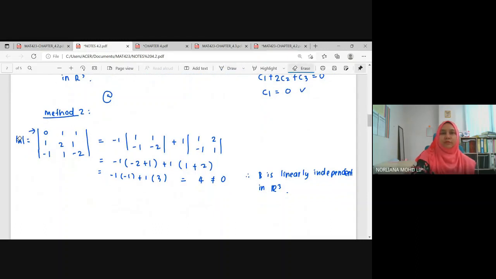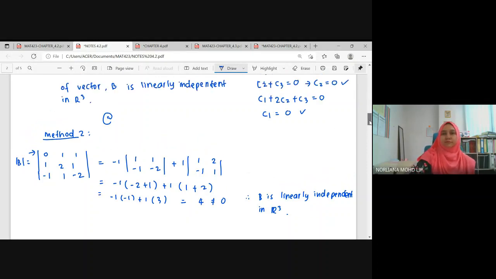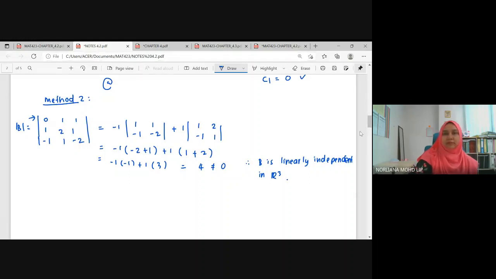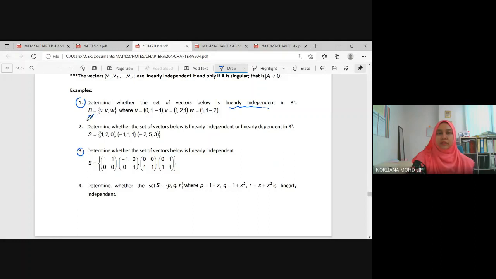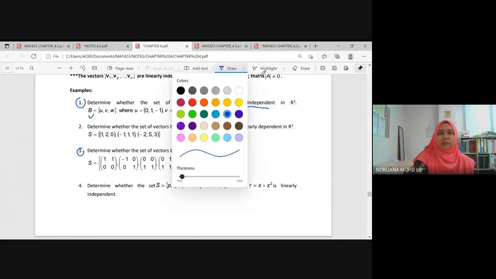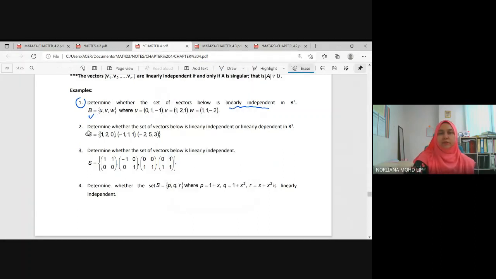Ni B lah, patutnya coefficient for B lah. Vector B kan. Okay, boleh guna salah satu method lah. Okay, question 2, 3 ni cuba sendiri, 2, 3, 4.